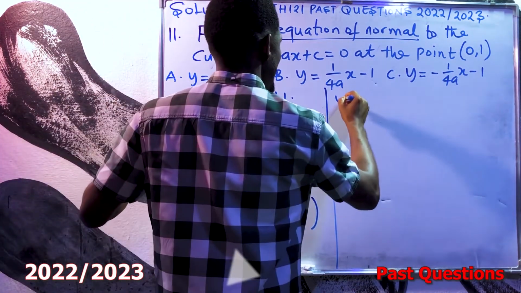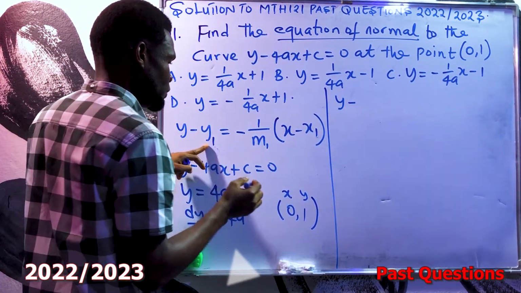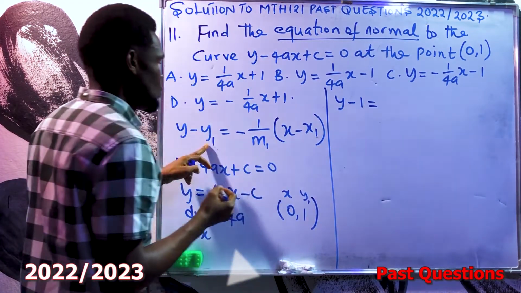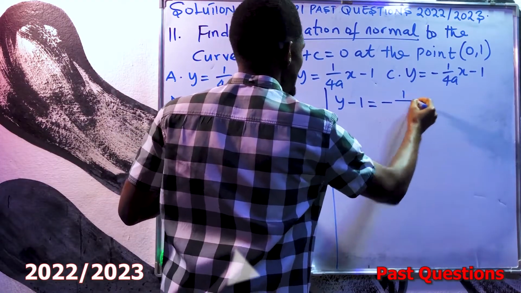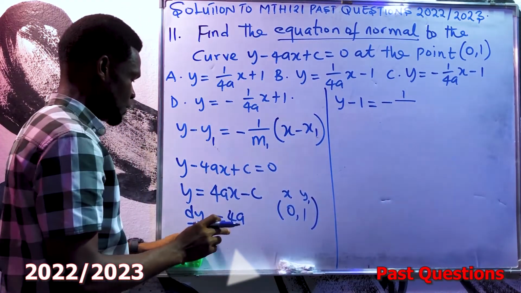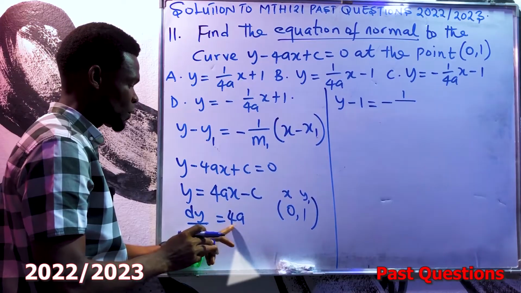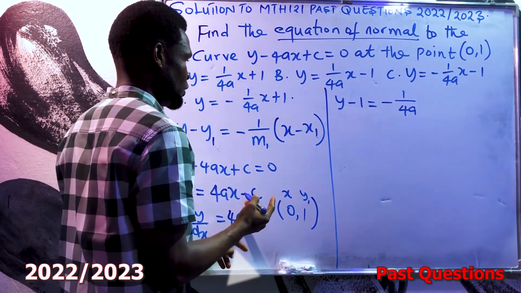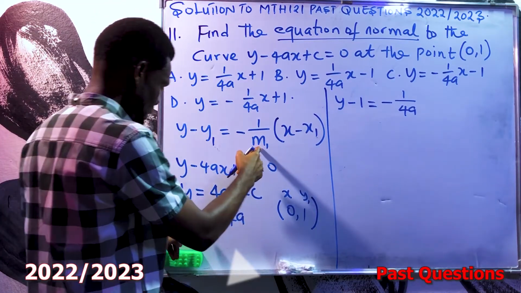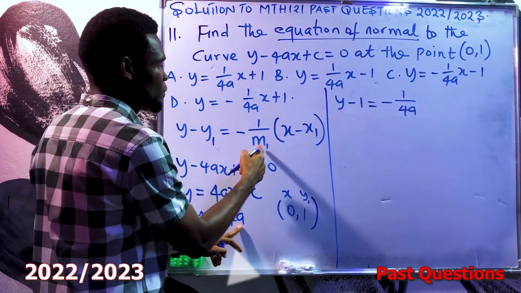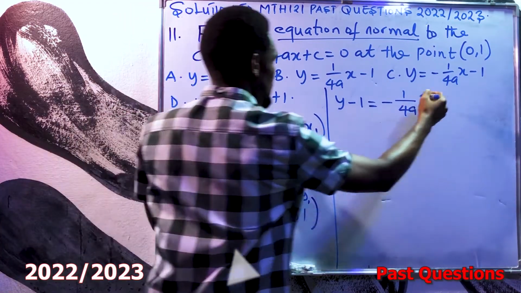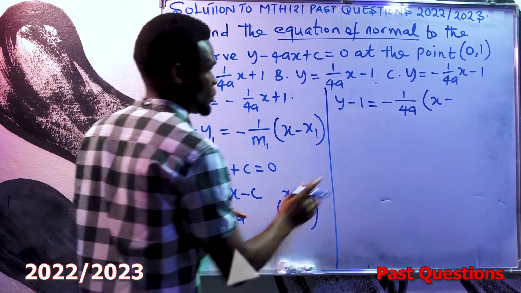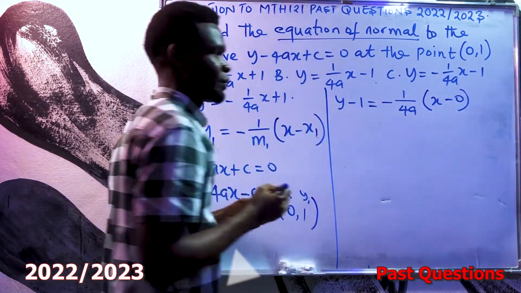So I'll have y minus y1, that is y minus 1, equals minus 1 over m1, which is dy/dx, which is 4a. So I drop in 4a here, times x minus x1, where x1 is 0.